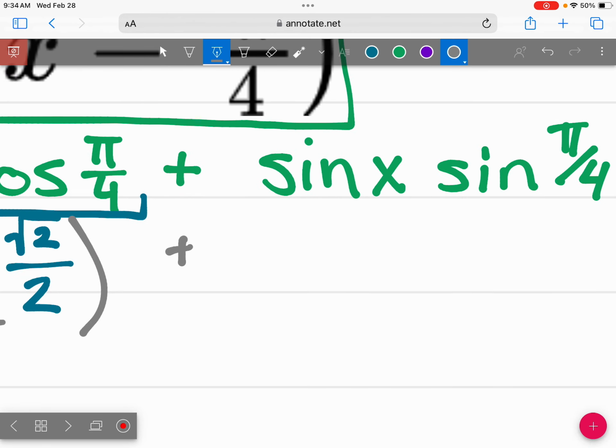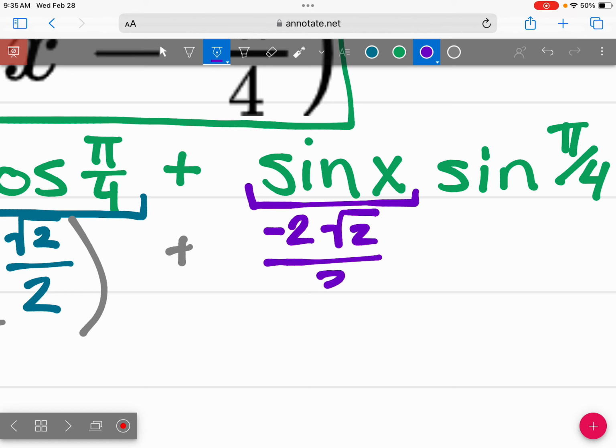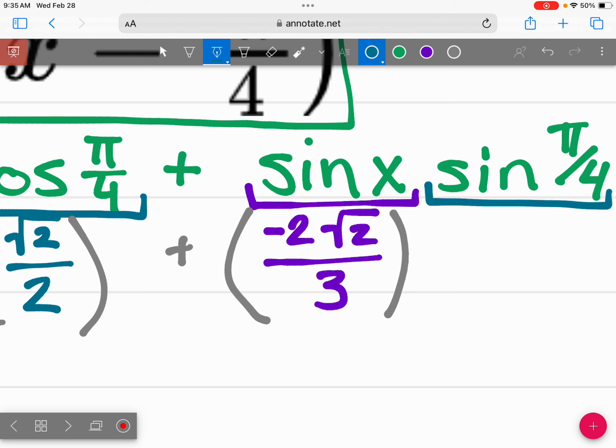Then we're going to do the sine of x. Negative 2 square root of 2 over 3. And sine of pi over 4? Square root of 2 over 2.